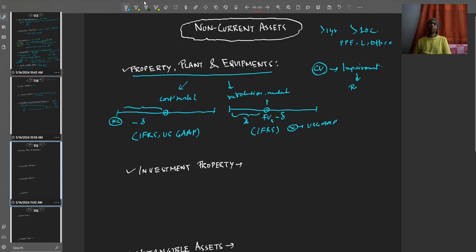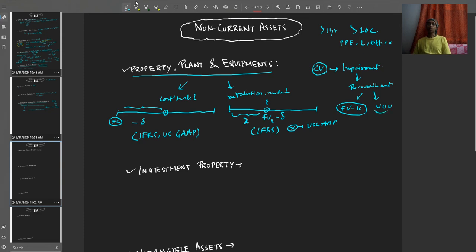And impairment calculation basically is defined in the following way. It is the recoverable amount. Recoverable amount can be defined in two ways. One is fair value minus selling cost, and the second is value in use. The first is when you are trying to sell it directly, you don't want to keep it with you. Whatever selling cost you require, you subtract from the fair value when you sell it, and that net value is the recoverable amount.